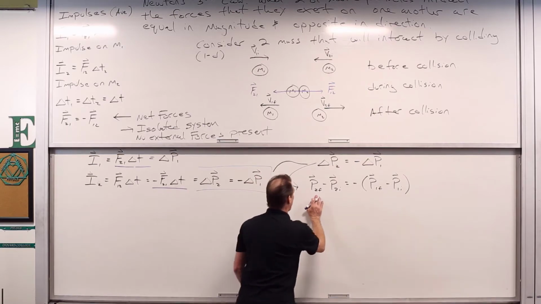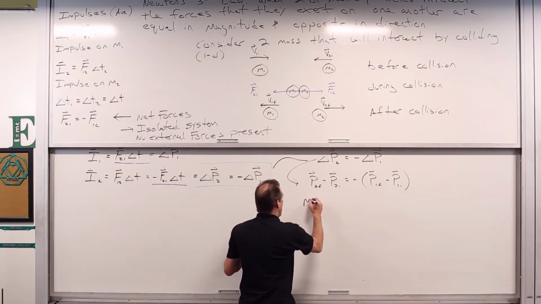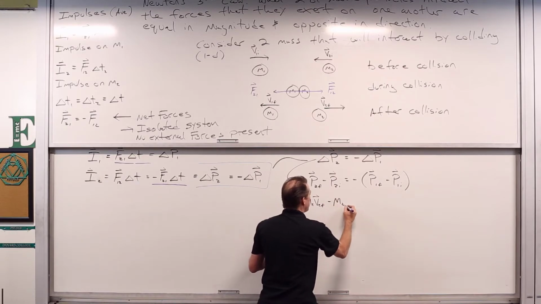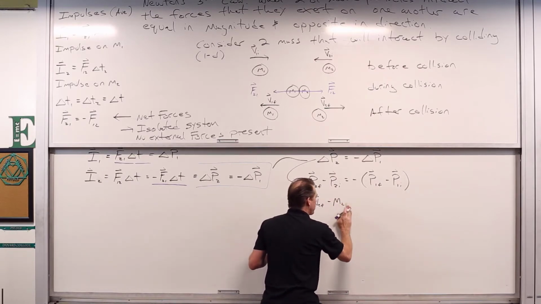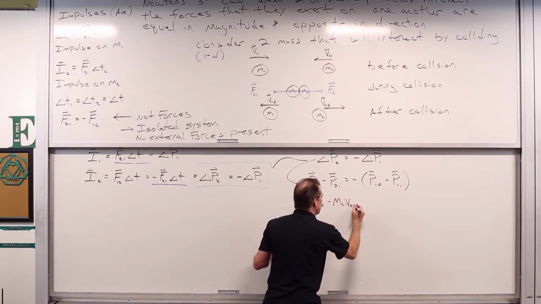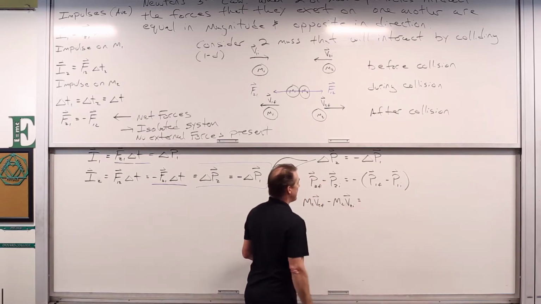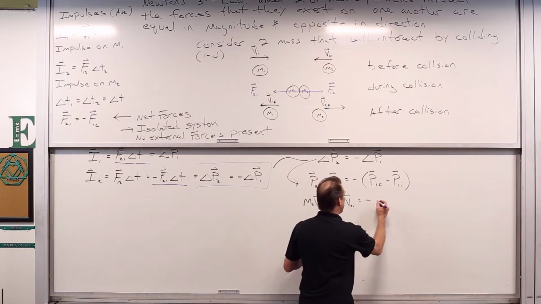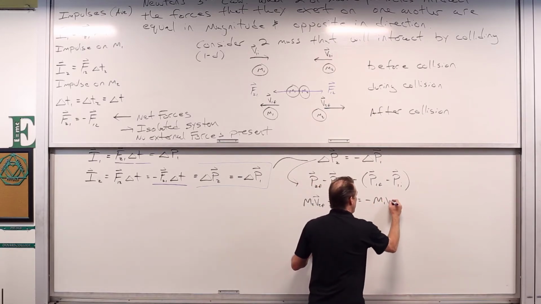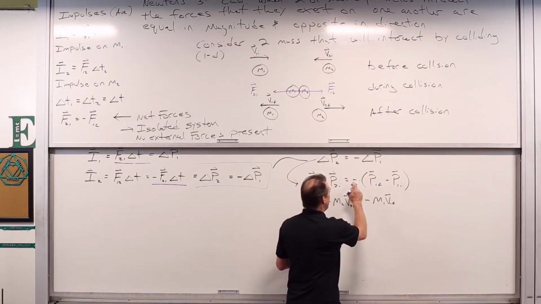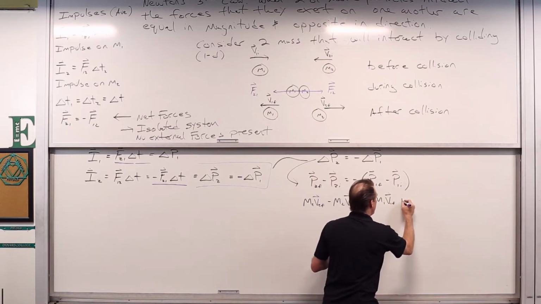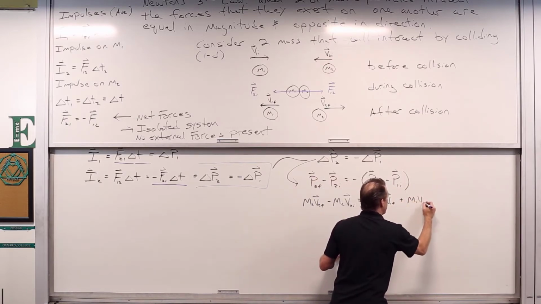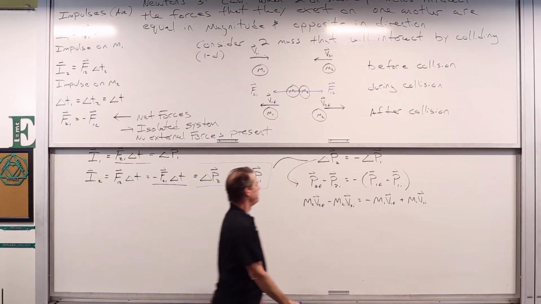And what do we have? Well, this is just M2 V2 final hat minus M2 V2 initial hat, which is then equal to, we'll distribute this negative sign through, this becomes minus M1 V1 final hat, and then this one becomes plus M1 V1 initial hat.